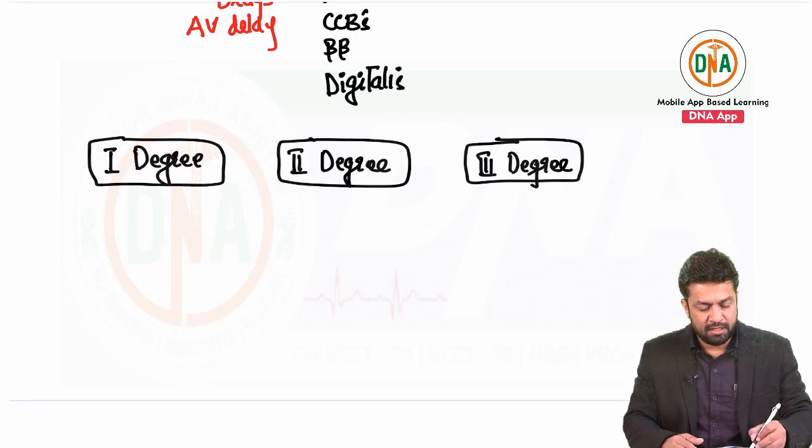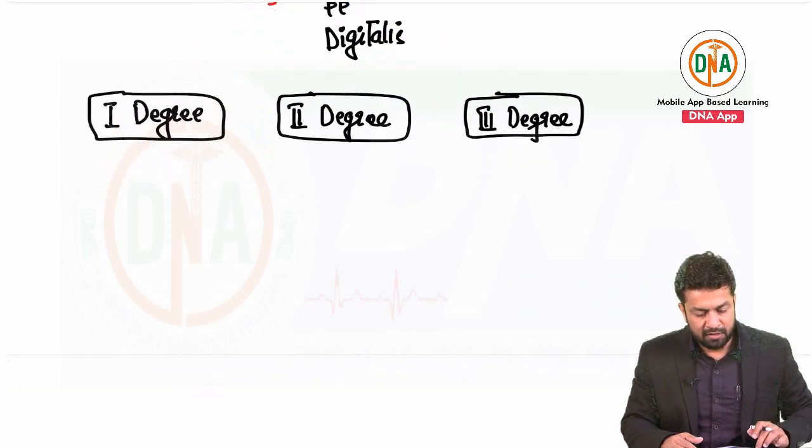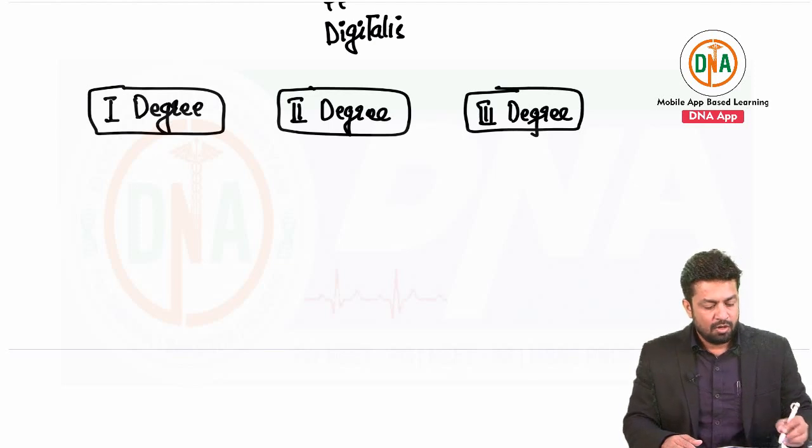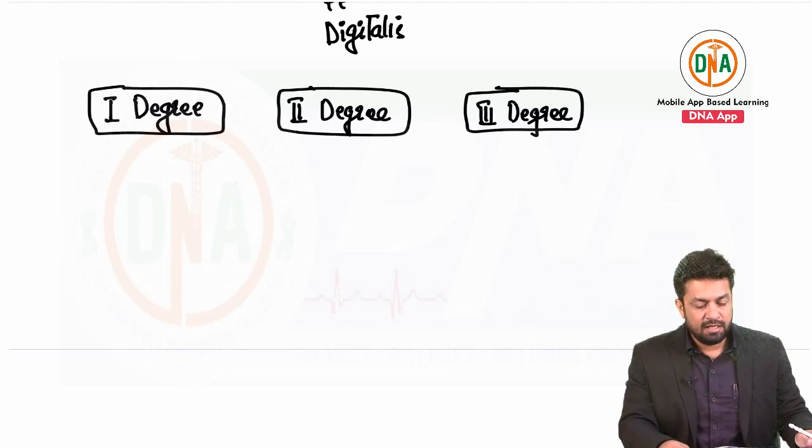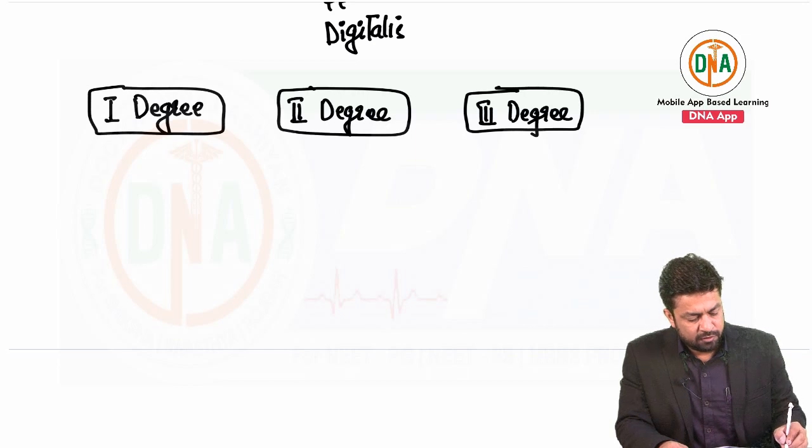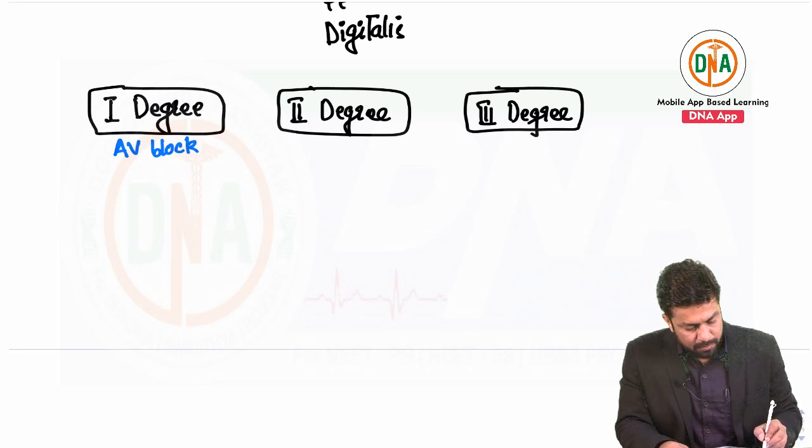What happens in the first degree heart block? It is also called first degree AV block, and there is a second degree AV block, and a third degree AV block.